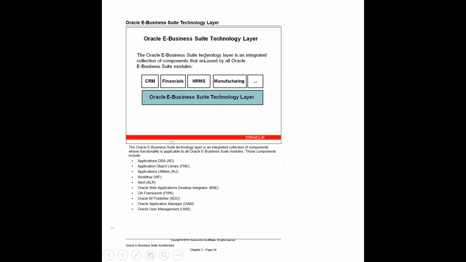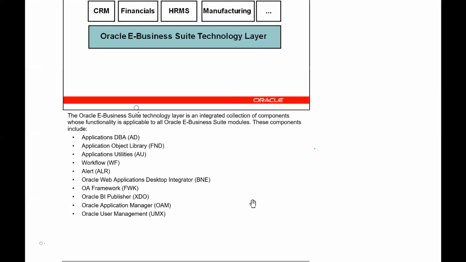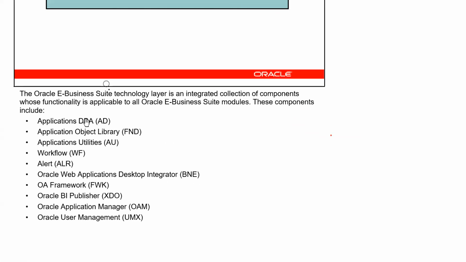The Oracle E-Business Suite technology layer is an integrated collection of components that are used by Oracle E-Business Suite modules. For example, ADOP. ADOP is for online patching.